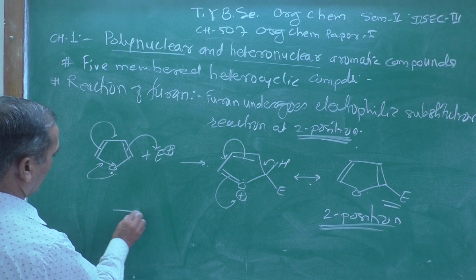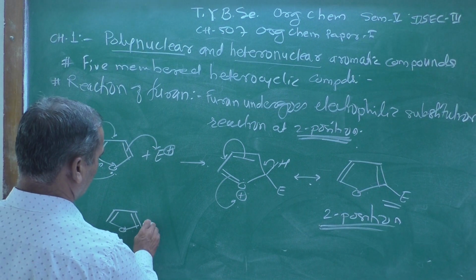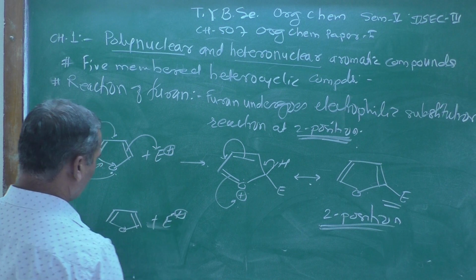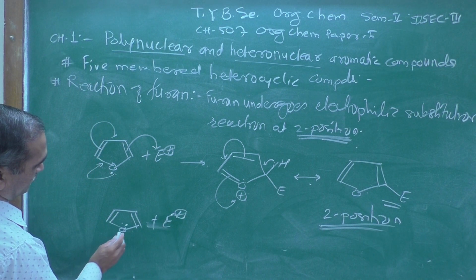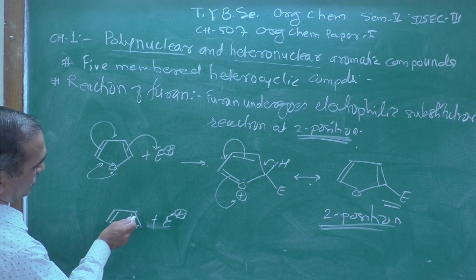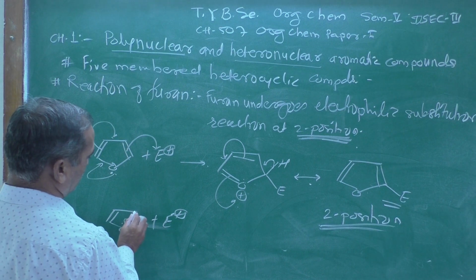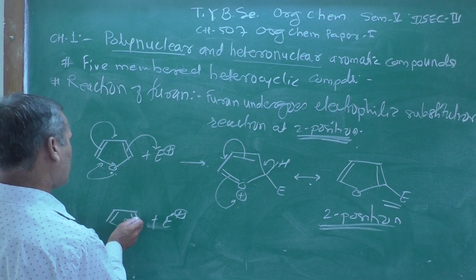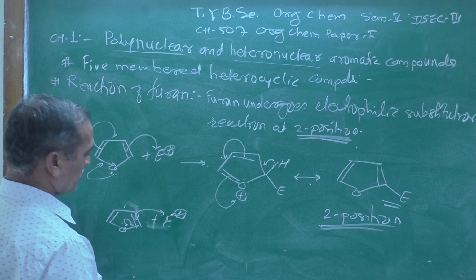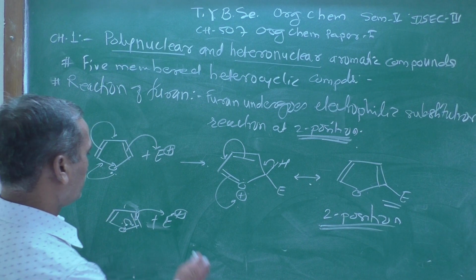If you try to show that at 3 position, suppose here is an electrophile. Let's say here is the electrophile, when the lone pair, the double bond there, and this double bond is not going to attack over there because it is shifting here to here, and if you show it here again, an unstable transition state is formed over there like this.